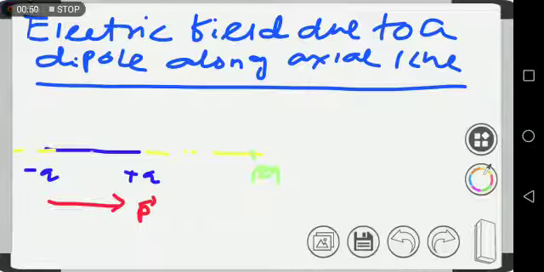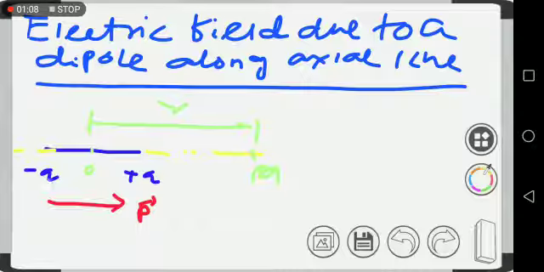This dipole is having center at O and is located at a distance of r from the point where we are interested in finding the electric field.